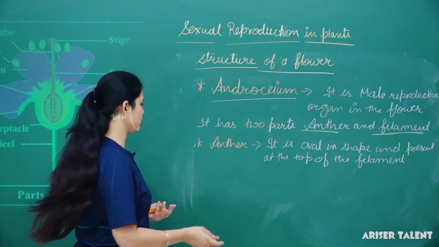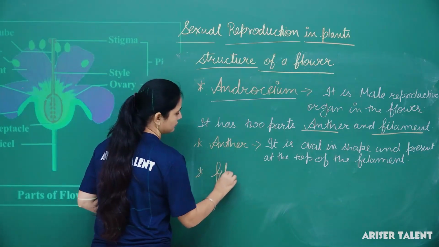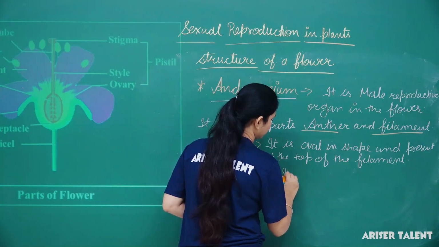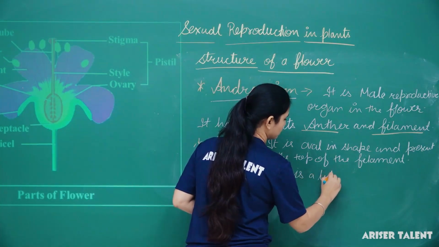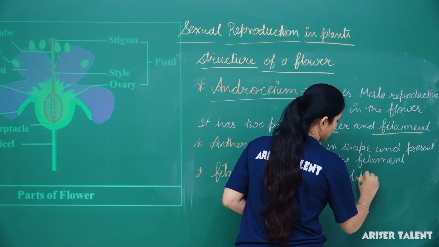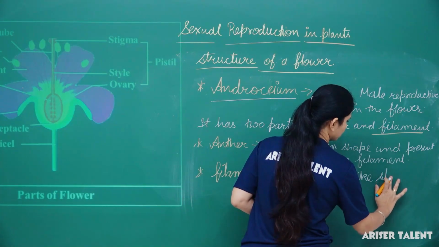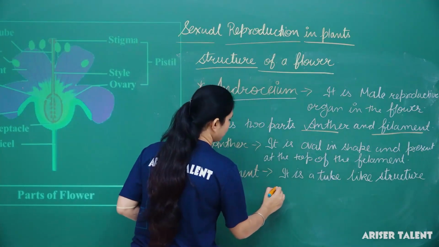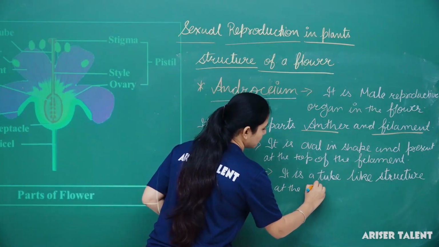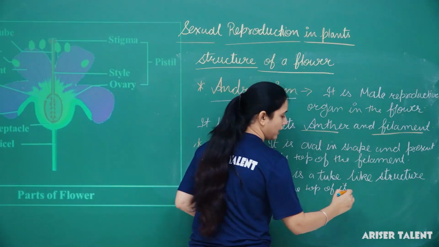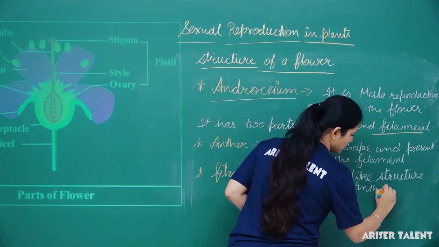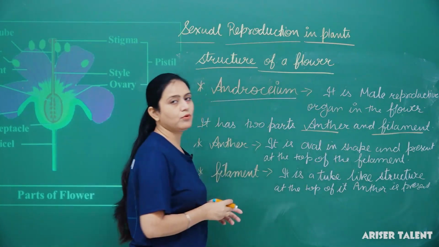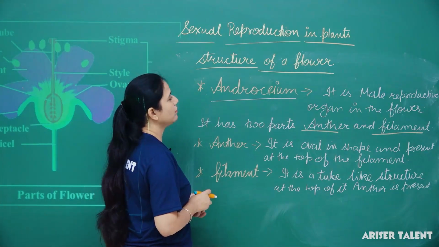Filament is a tube-like structure. At the top of it, anther is present. Generally in the anther, pollen grains are present. So this is all about the Androecium.